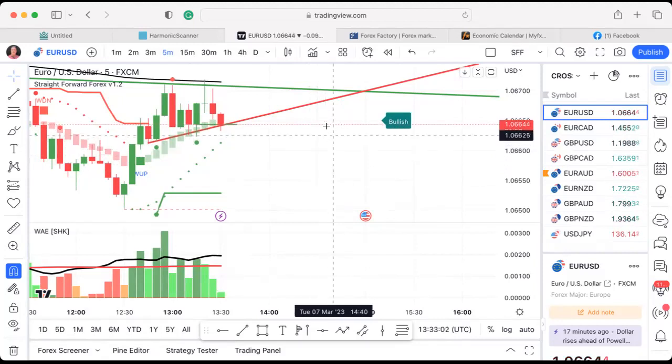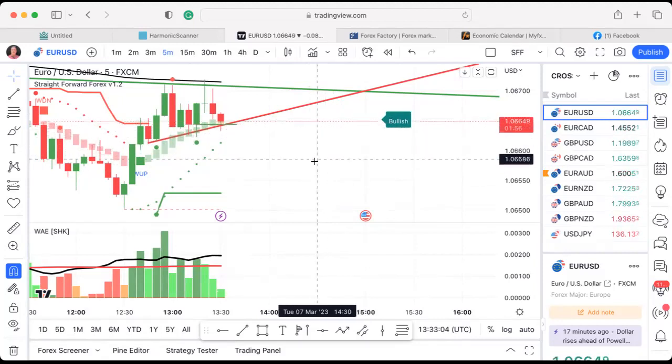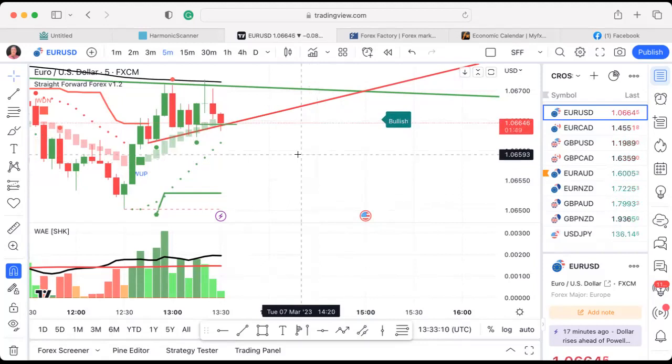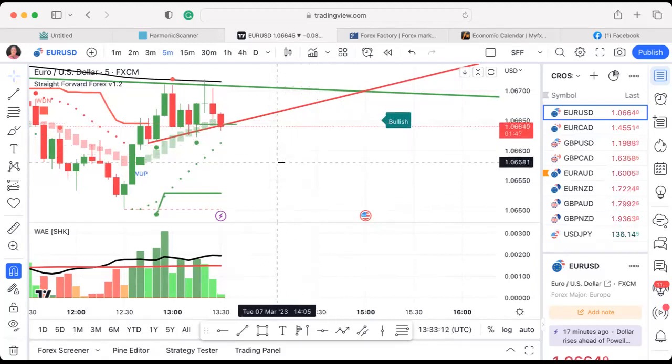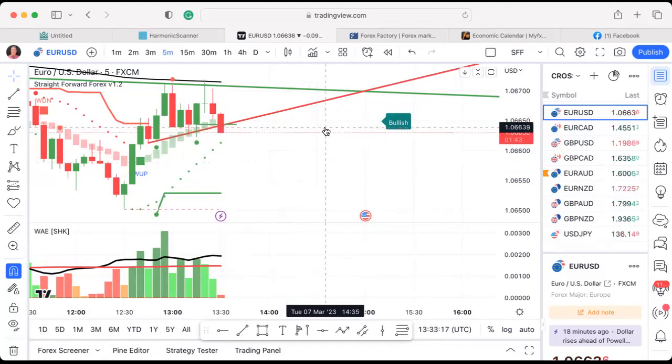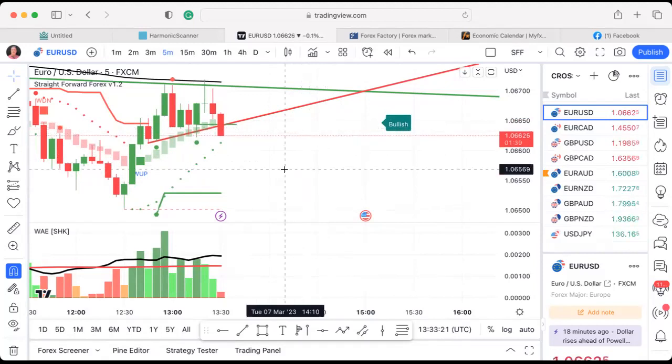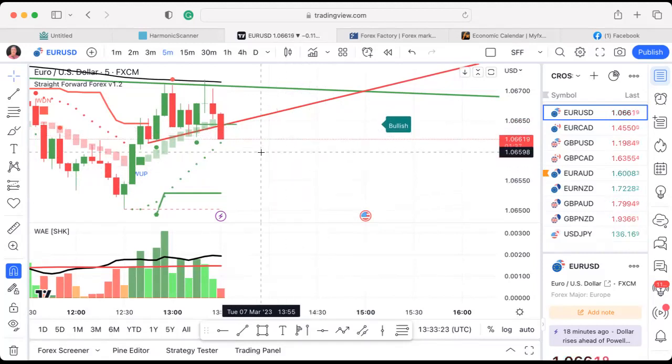FXCM, yeah. Part of the reason why I use it is it's top of the list when you look down the brokers. It's no reason other than that. It's just that 8-cap is so different. They need to sort things out, I guess.